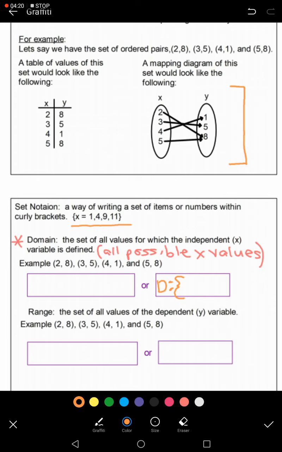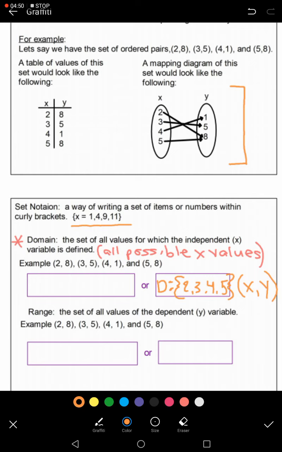So remember, obviously all of our points are (x, y). So we're just listing the first number in those coordinates. So it's going to be 2, 3, 4, and 5. So that's a really easy way to state your domain, okay? And you're literally just saying these are the possible x values of this line or of these coordinates.